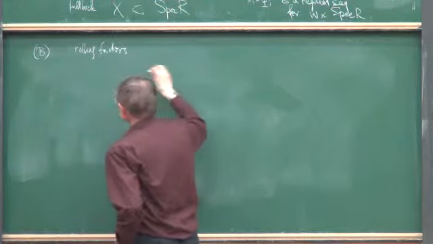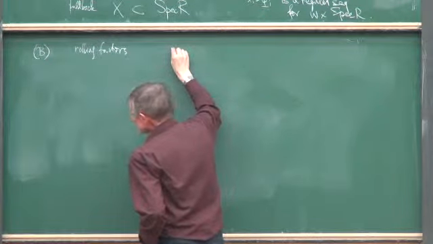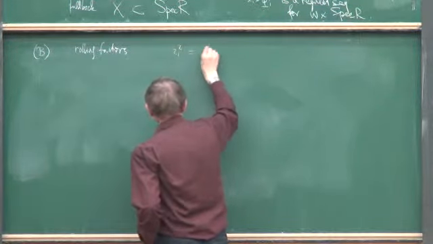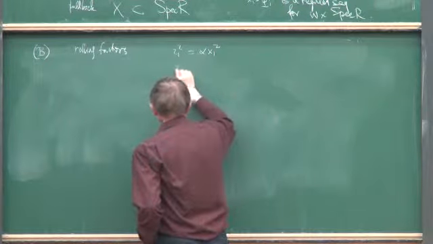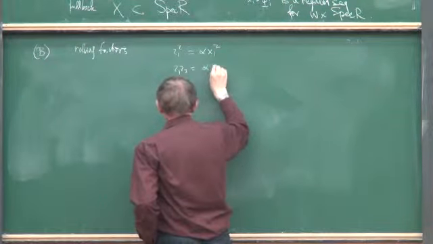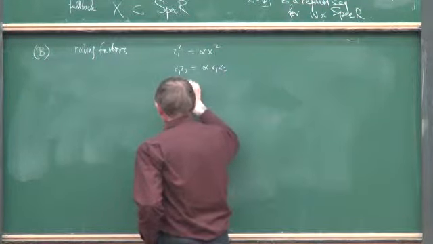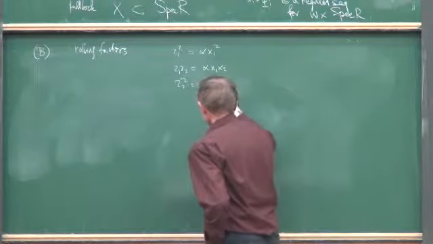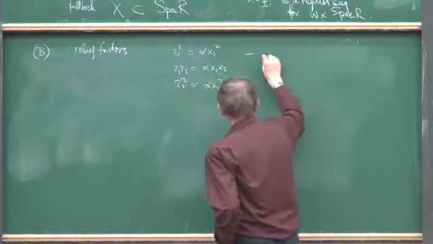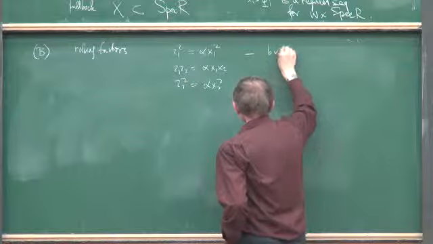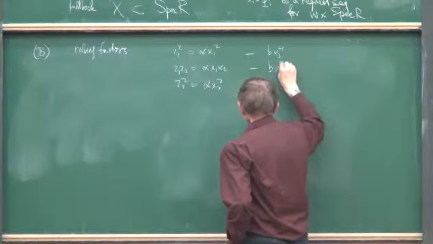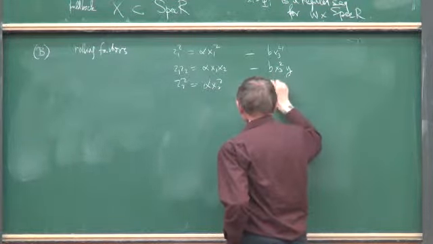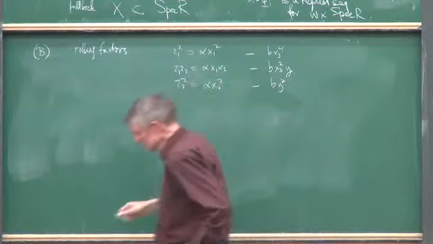Right, I write down z1 squared equals alpha x1 squared, z1 z2 equals alpha x1 x2, z2 squared equals alpha x2 squared, and then minus b x3 to the fourth, minus b x3 squared y, and then minus b y squared, right?